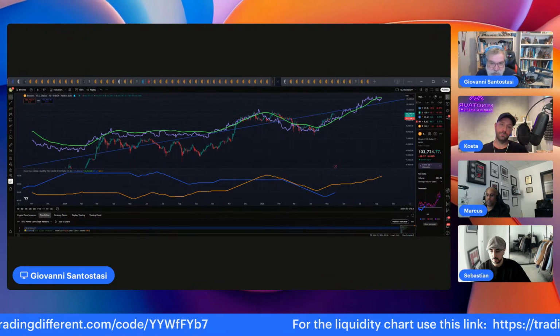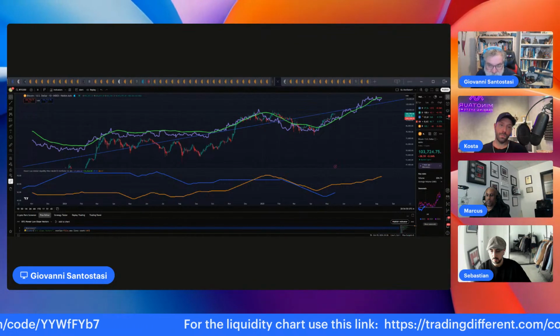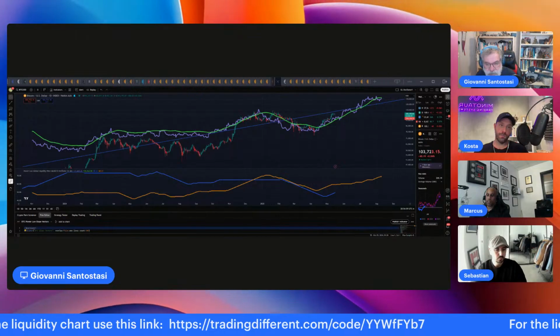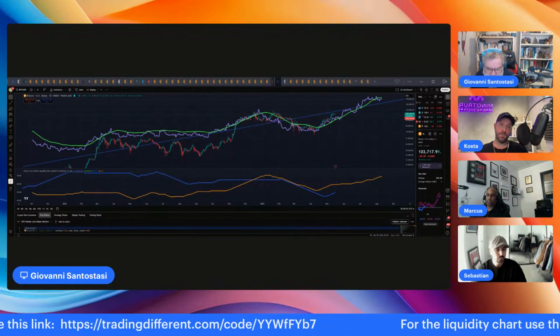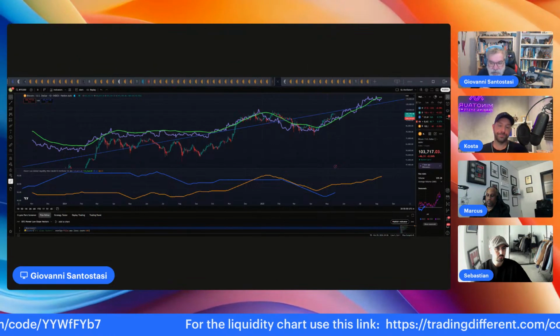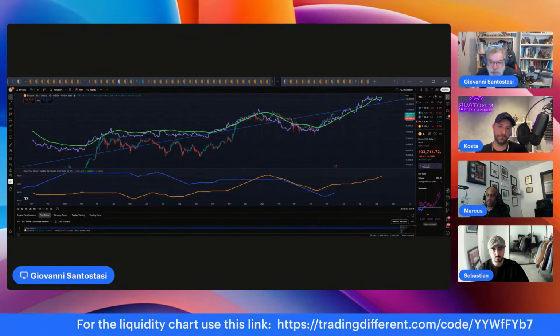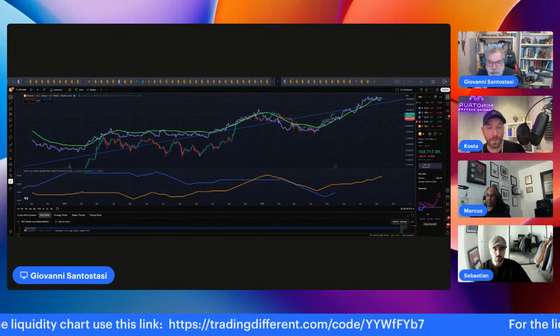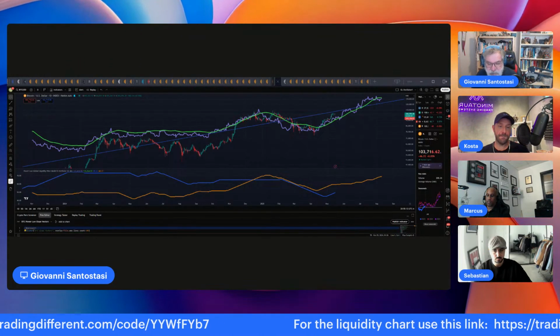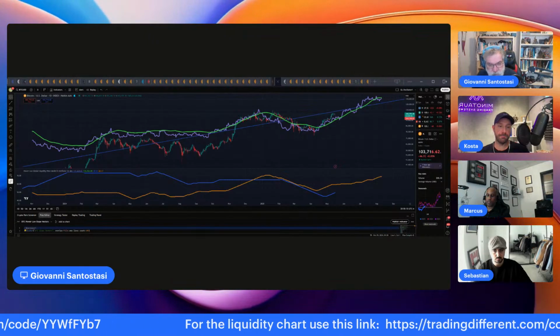But here you see that we are following this liquidity run-up, and liquidity is starting to flatten out a little bit. This is the purple line, and the purple line, just to explain, is not liquidity per se. It's a model of a price based on liquidity, so it's slightly different from what everybody else shows.